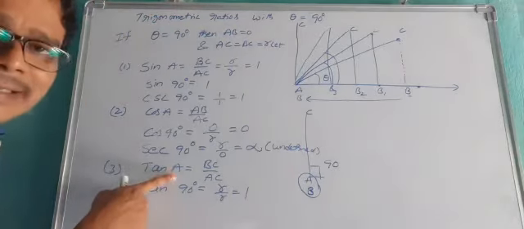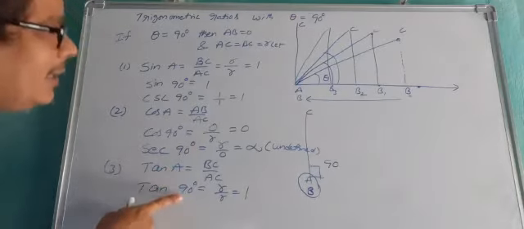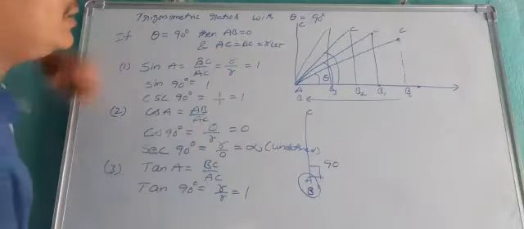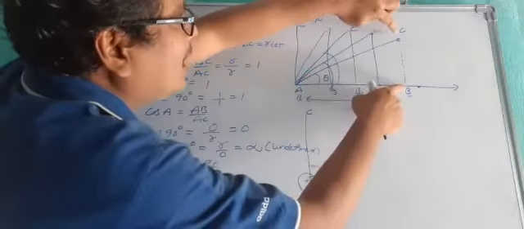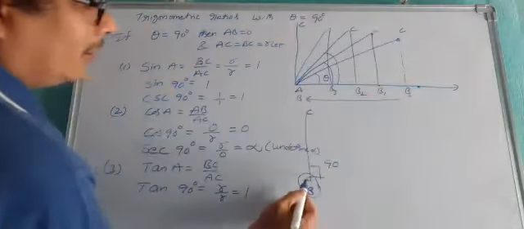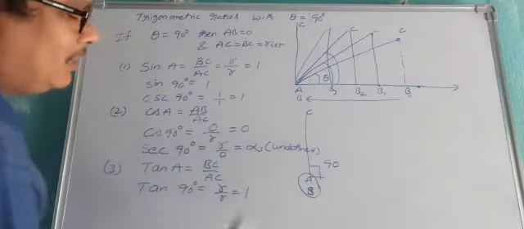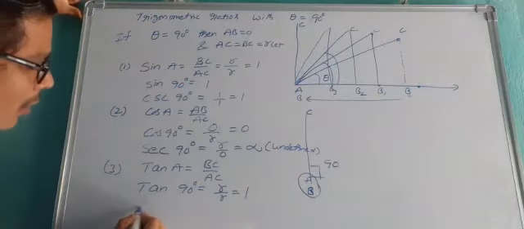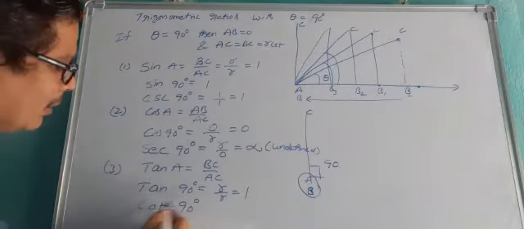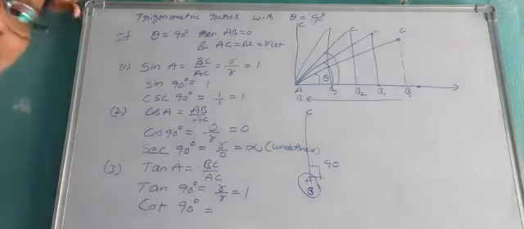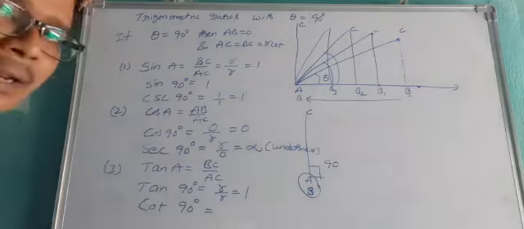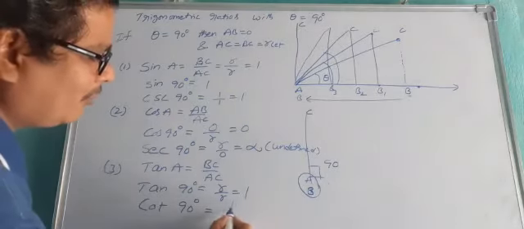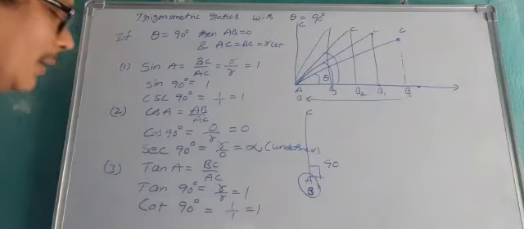So when it reaches 90 degrees, the lengths of AC and BC are both equal. That means here A coincides with B. Now cot 90. Cot 90 means the reciprocal of tan 90. So cot 90 equals the reciprocal of 1, 1 by 1, that equals 1.